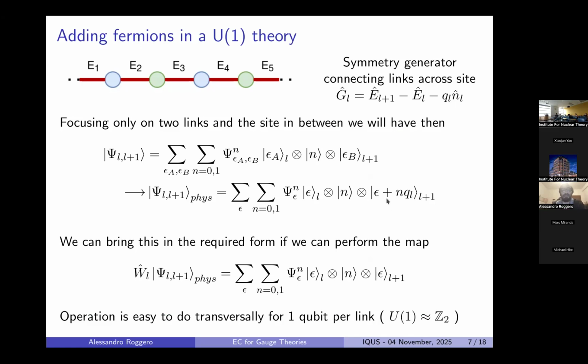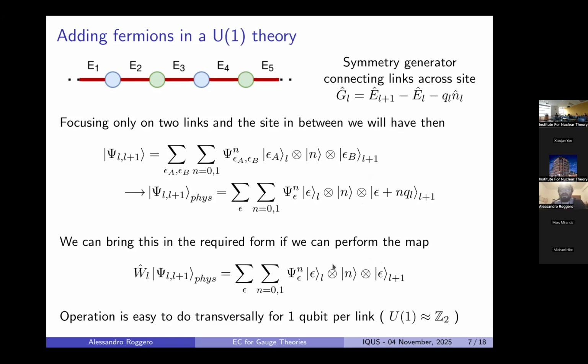A simple idea, without worrying about fault tolerance, is that since these are the physical states you're allowed, if you want to turn this epsilon plus n into just epsilon, all you need to do is a decrementer controlled on the state of this qubit. Doing a controlled decrementer is difficult to do fault tolerantly if this is more than 1 qubit. That's why we're going to talk about Z2 most of the time. But that's essentially the idea.